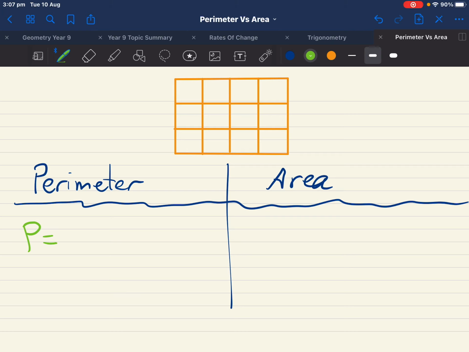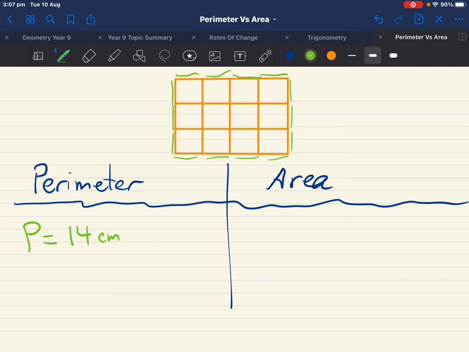Remember, perimeter is just the distance around the outside. All you need to do is add up the distance around the outside. So it's 1 centimeter, 2, 3, 4, 5, 6, 7, 8, 9, 10, 11, 12, 13, 14. The perimeter is 14 centimeters.